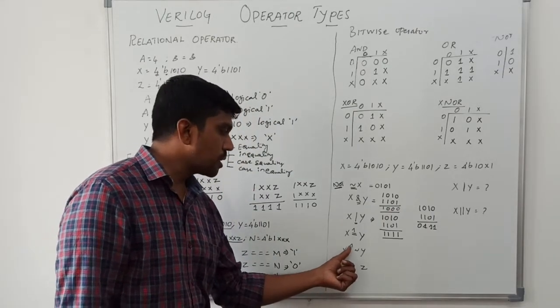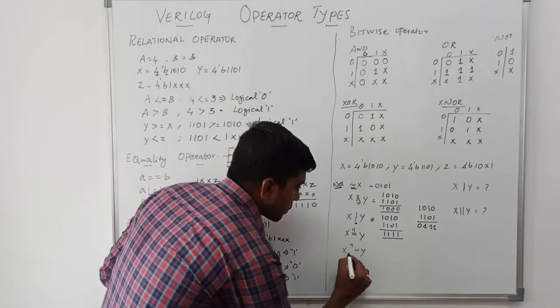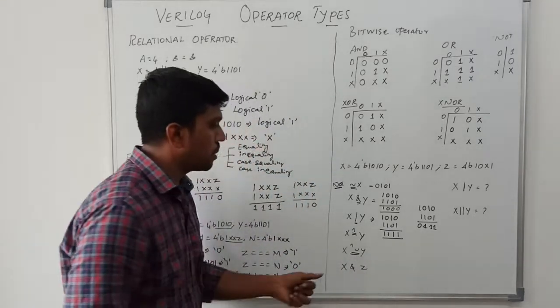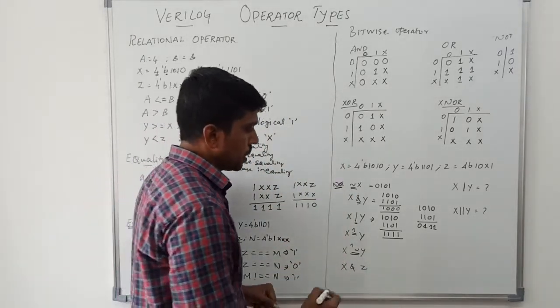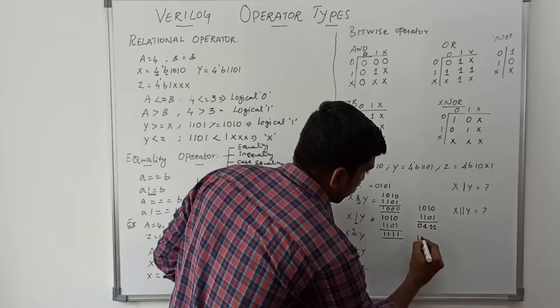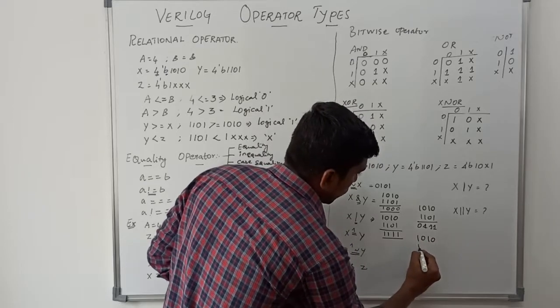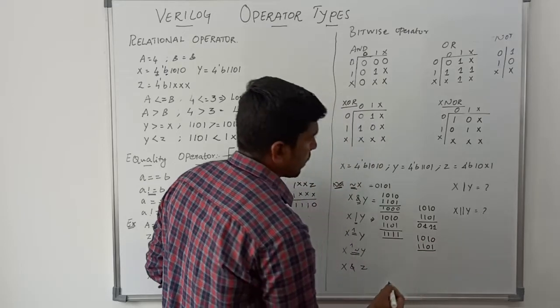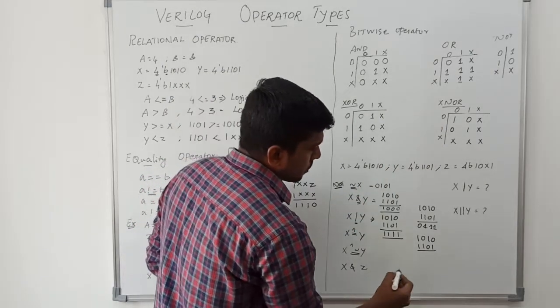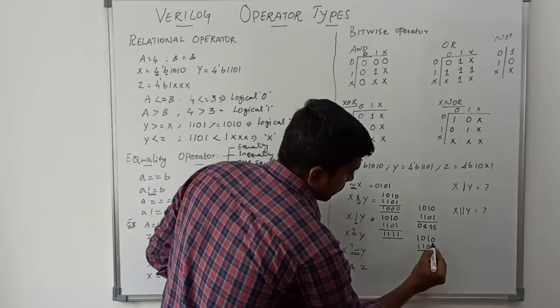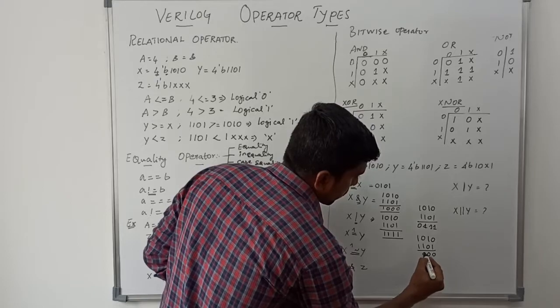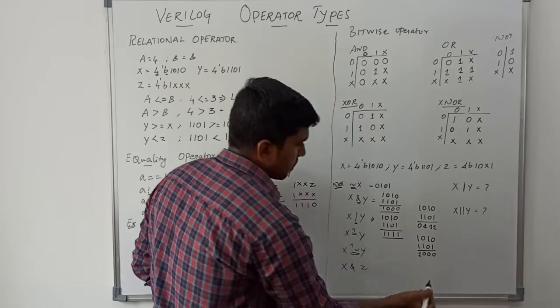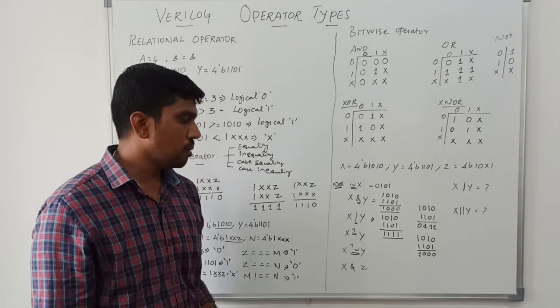The next one, x cap tilde y. This cap and tilde symbol represents the XNOR operation. So first you write the x value 1010, then y value 1101. You apply the XNOR property. If both the values are different, the result is 0. If both the inputs are the same, the result is 1. So that is the XNOR property.